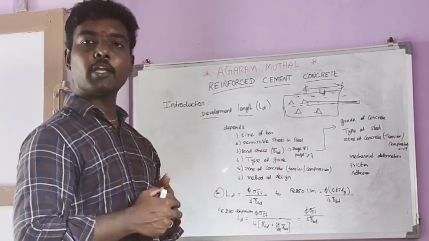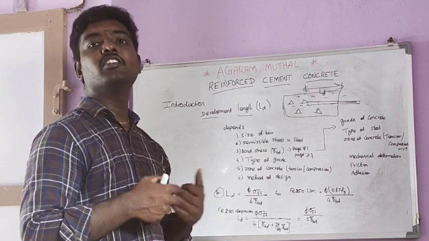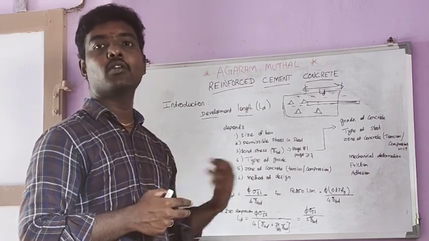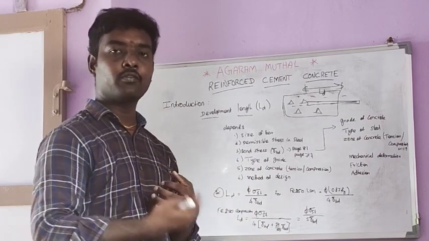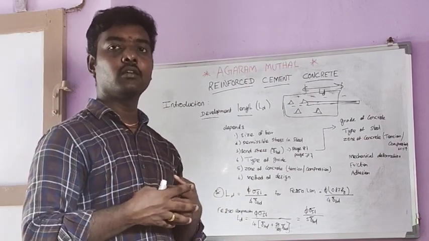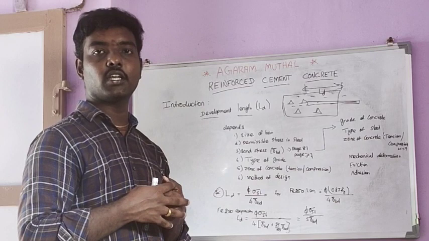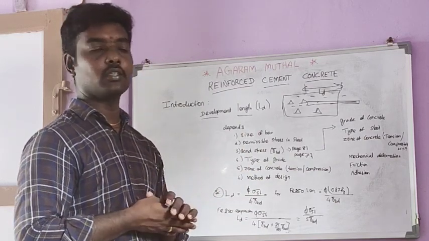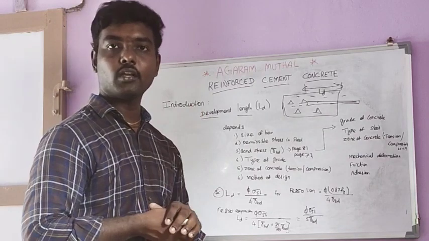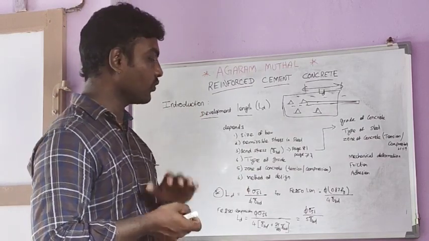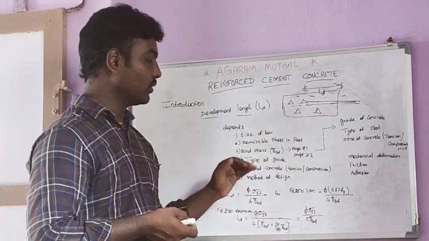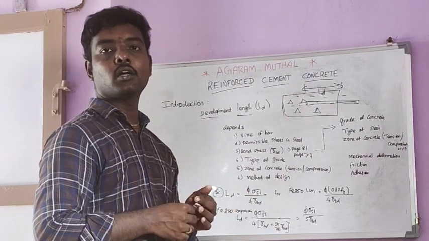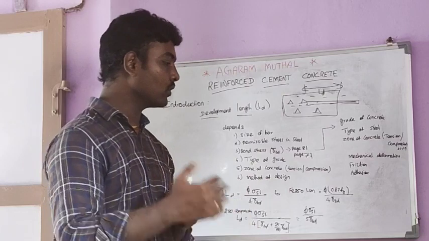Next one, types of grade. Which type of steel grade are we going to propose? We have Fe 250, 415 and 500. Based on the grade of steel proposed in a particular structural element, we provide the development length. Next one, zone of concrete: whether we keep the steel reinforcements in the tensile zone or compression zone.